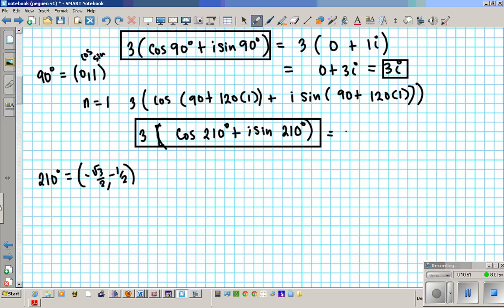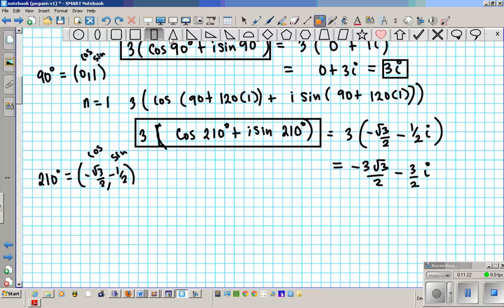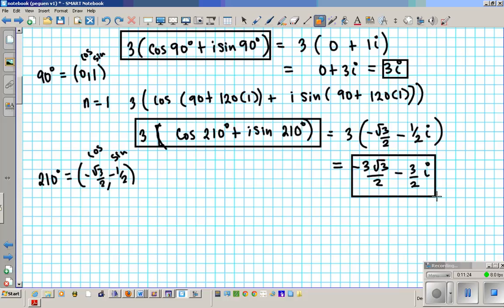You're going to have 3 times negative root 3 over 2 minus 1 half i, because cosine 210 is the x-coordinate and sine 210 is the y-coordinate. Alright, so we distribute the 3 to everything. It's going to be negative 3 root 3 over 2 minus 3 over 2 i. There goes your answer in rectangular form.